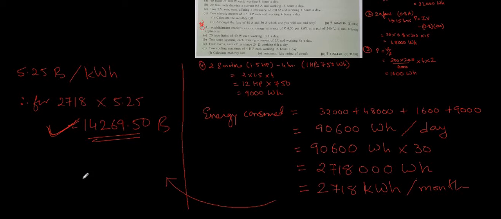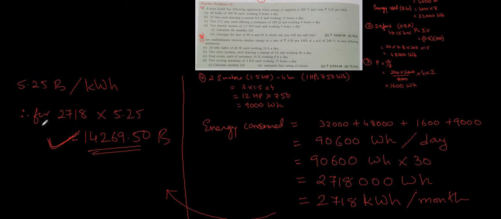Now what does it say? It says to find out the fuse of 48 ampere and 50 ampere. Which one will you use and why? So now let's move to the last part, which one will be preferred.